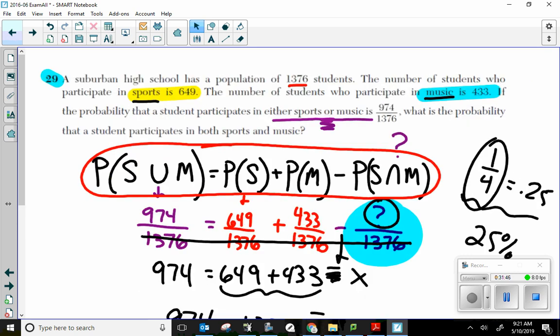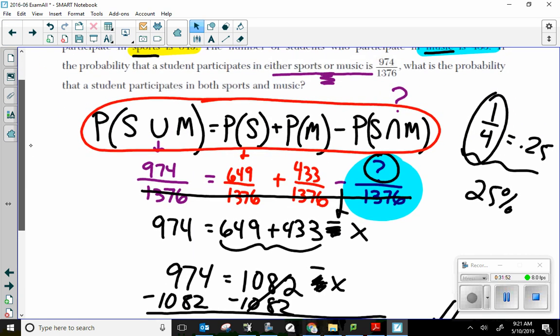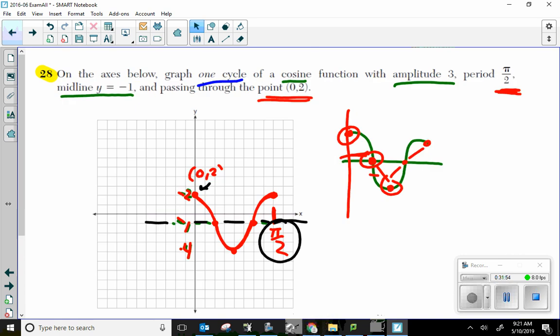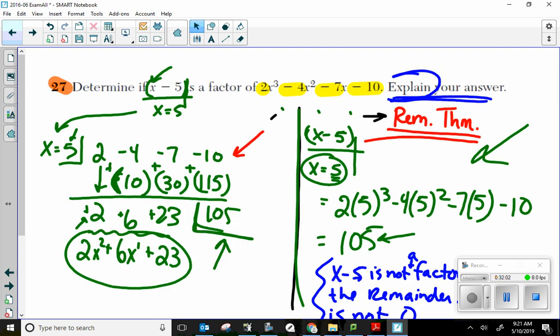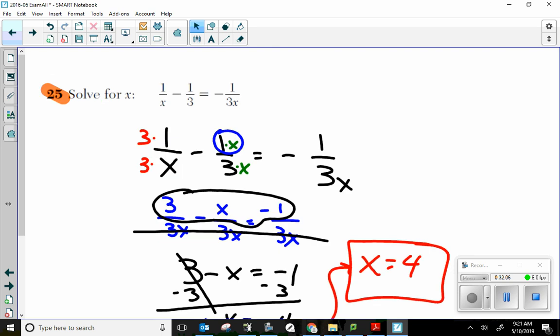This one, if you knew this equation was easy, you were just solving for x once you got your probabilities. Easy if you knew what you were doing. Maybe some of you get screwed up here because trigonometry, everybody freaks out. Easy.